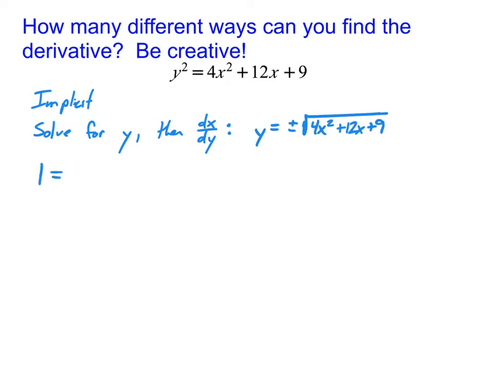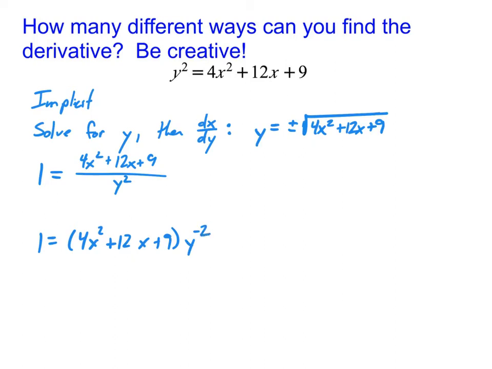When you divide the y squared by y squared, that gives you 1 equals, so then you're doing 4x squared plus 12x plus 9 all over y squared. And then we're finding the derivative of that. Some of you have taken that same idea and varied it just a little bit, and you've turned it into 4x squared plus 12x plus 9 times y to the negative 2, and then you're using product rule.